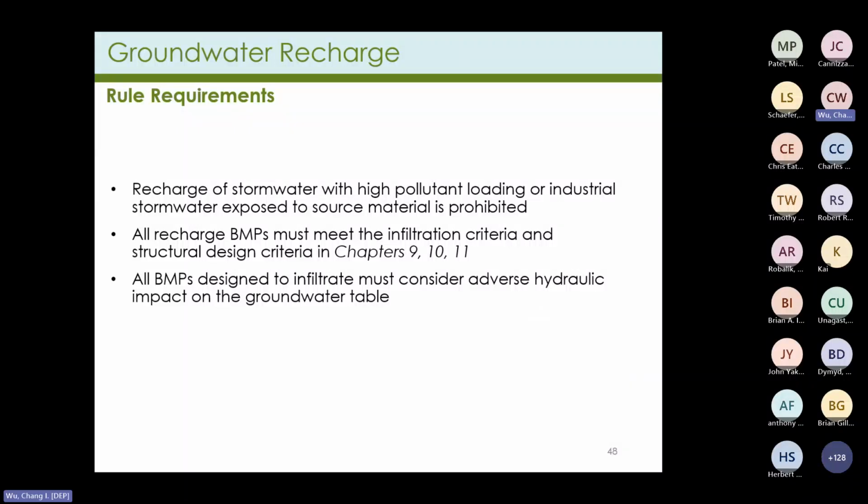And all recharge BMPs must meet the infiltration criteria and design as put into the chapters. And if you design a recharge BMP, then you have to run the groundwater mounding analysis to consider whether there is adverse hydraulic impact on the groundwater table.